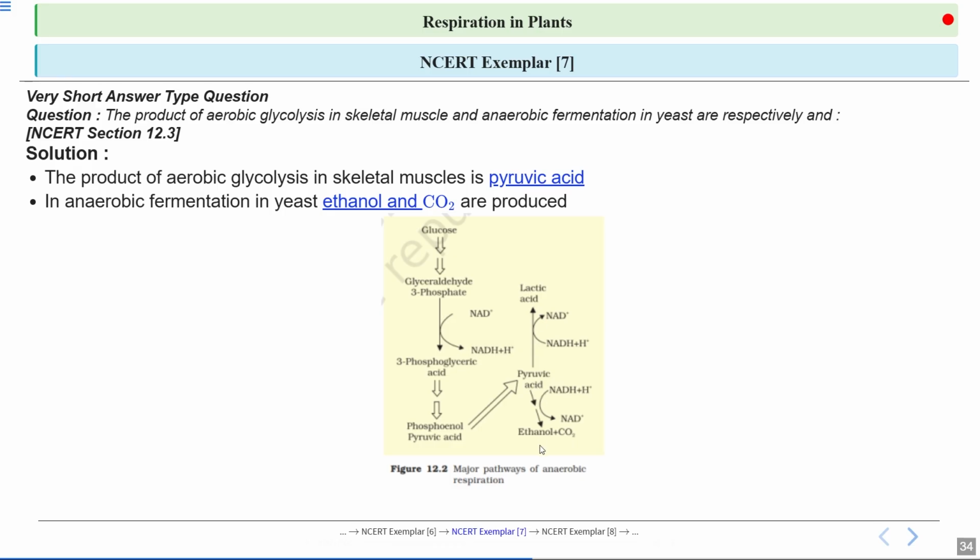And it is converted to ethanol plus carbon dioxide in the absence of oxygen in case of alcoholic fermentation. So here the end products are ethanol and carbon dioxide. And if we talk about skeletal muscles, the product of aerobic glycolysis is pyruvic acid.